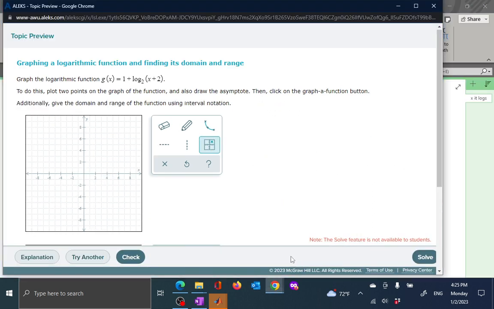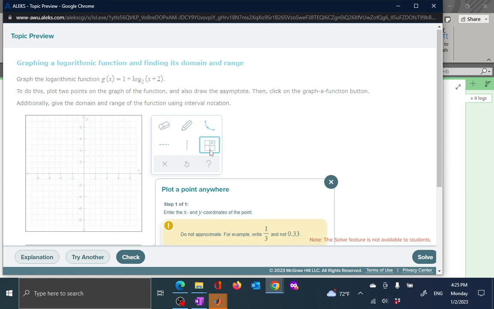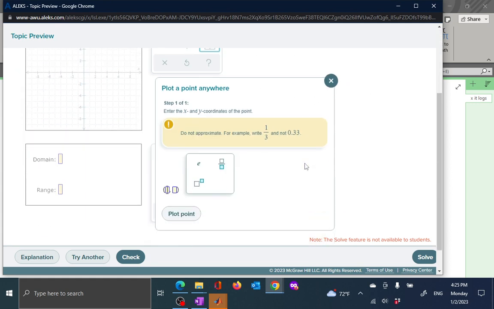Let's go to our page. So when I want to plot this point, here's our limitation. You can put whole numbers in any of these boxes. You are also allowed to use the number e, which doesn't play a role in this problem, but you could have used it. -1 and 1. Once we make sure that's what we want to do, we plot the point.